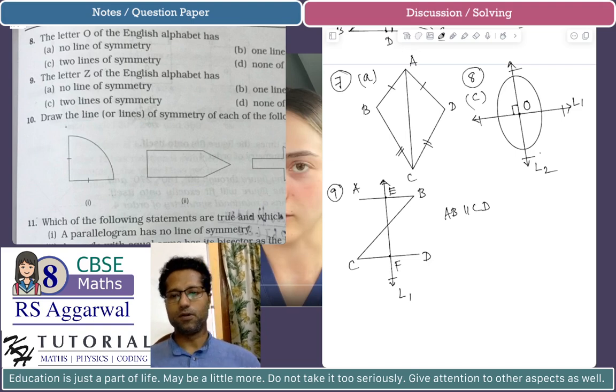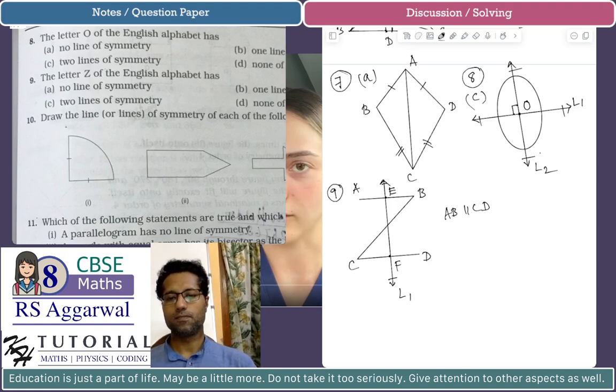So E is the midpoint of AB and F is the midpoint of CD. Now this line L1, is it a line of symmetry for the letter Z? Can you say that the portion of the letter Z to the right hand side of the line L1 is equal to or congruent to the portion of the letter Z to the left hand side?